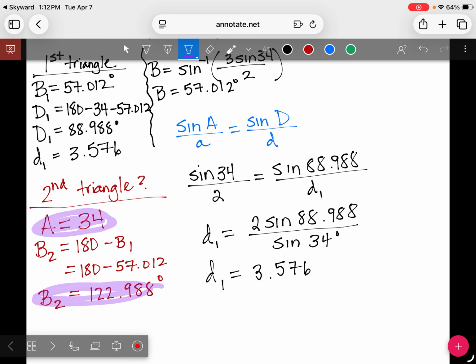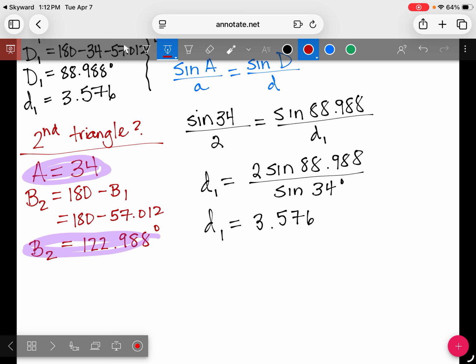So now we're going to find D2. D2 is going to be 180 minus A minus B2.